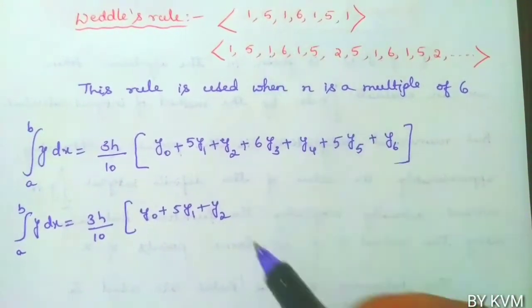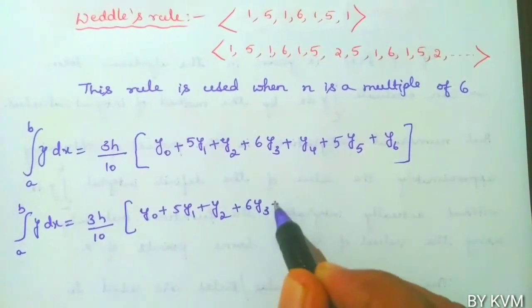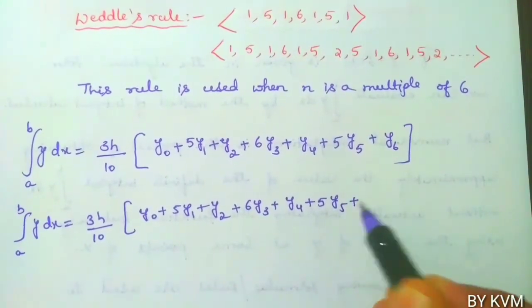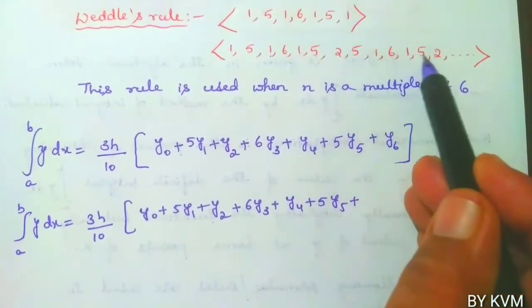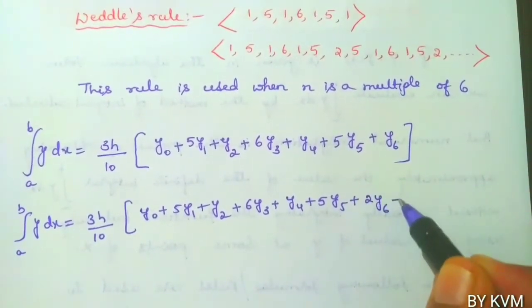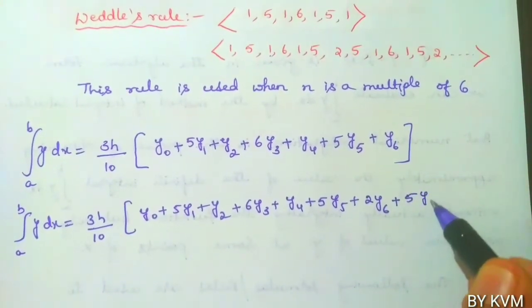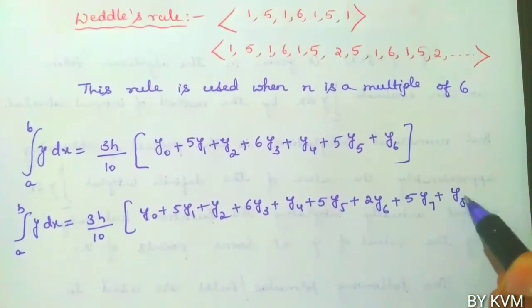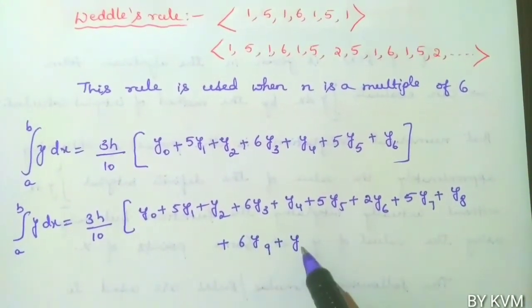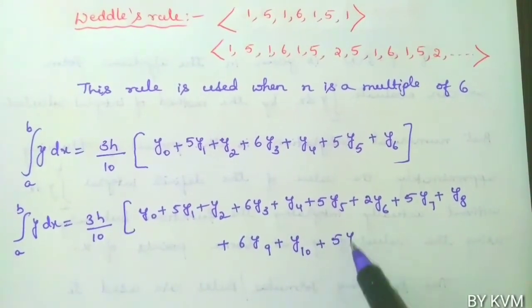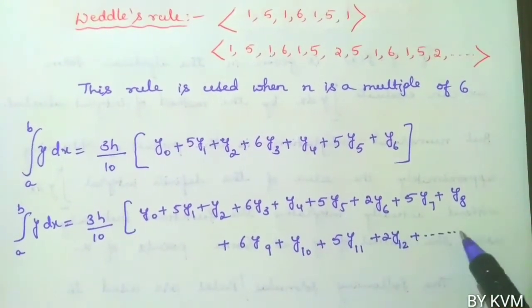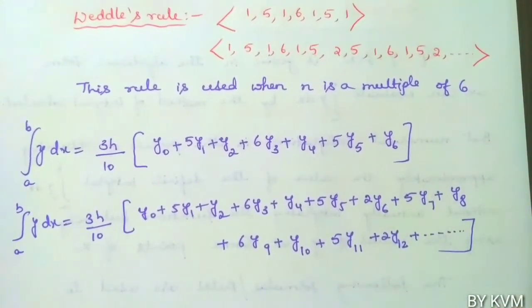So we get 1 into y0 plus 5 into y1 plus 1 into y2 plus 6 into y3 plus 1 into y4 plus 5 into y5 plus 2 into y6, then again 5 into y7, 1 into y8 plus 6 into y9 plus 1 into y10 plus 5 into y11. Again it continues, 2 5 1 6 1 5, so it is 2 into y12 and so on.